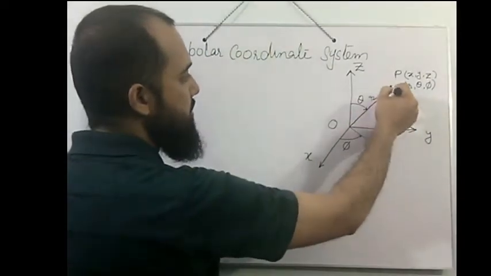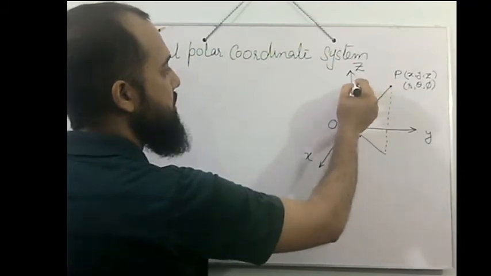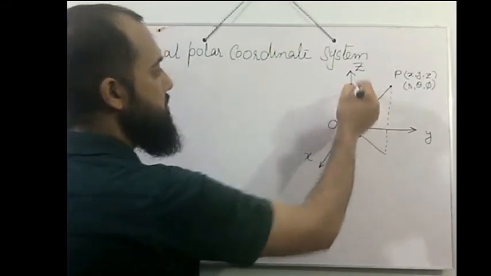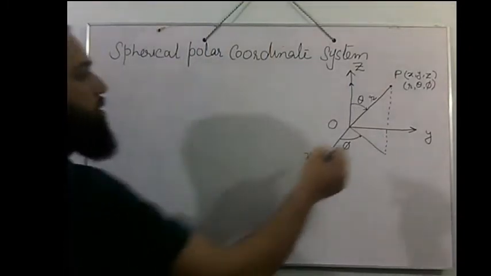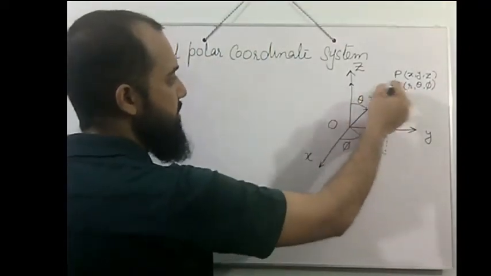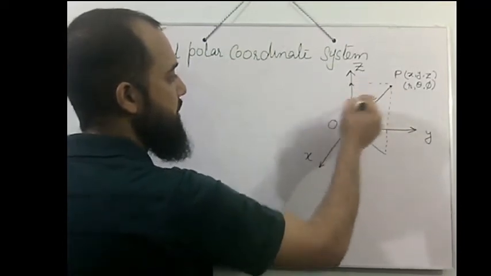The length of this perpendicular is equal to the z coordinate. So here it is, the z coordinate.